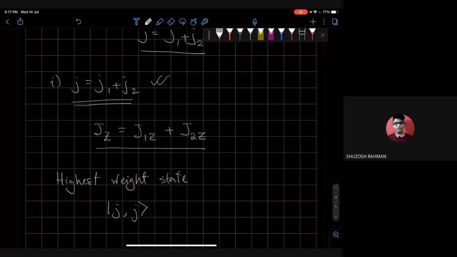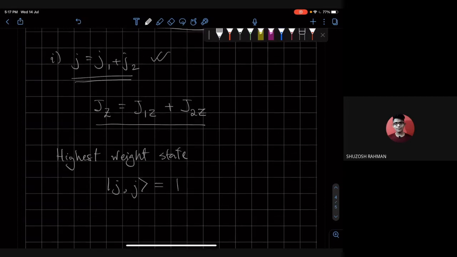So this is going to be equal to J1, because of this thing. Of course, this is J1 by assumption. M has to be J1, and then M2 has to be J2, right?